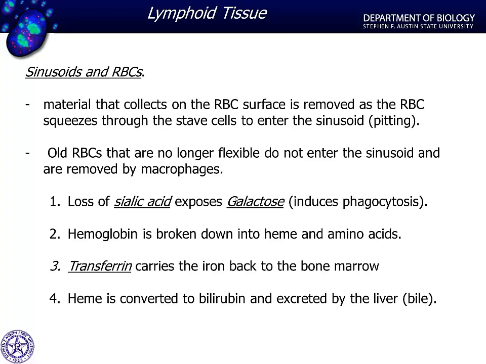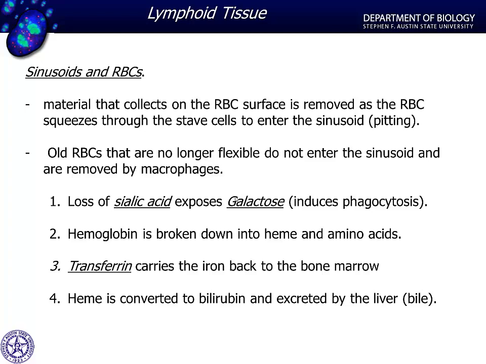Now, as they're shredded, hemoglobin that's taken up by the macrophages is going to be broken down into heme group and amino acids, and the heme group is going to be converted into bilirubin, which is conjugated to albumin and shipped to the liver, where the liver is going to process it. It's going to be conjugated to glucuronic acid and placed into the bile.